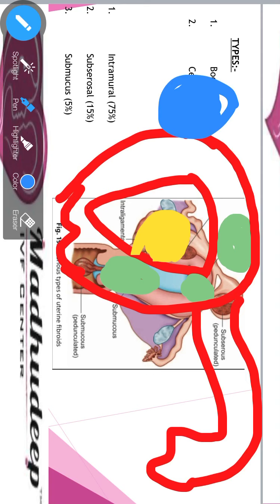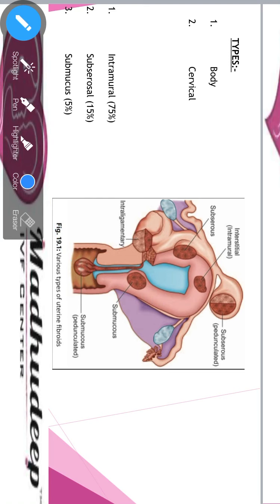So basically fibroids are of three types. In many ultrasound reports you see them written as subserosal fibroid, intramural fibroid and submucous. This is how they differentiate them. So this is the picture shown here: subserosal, intramural or interstitial fibroid, and submucous fibroid.